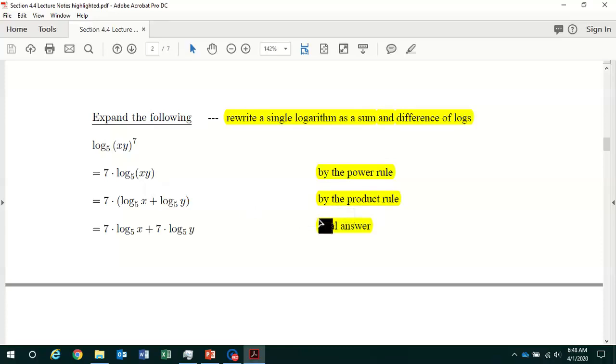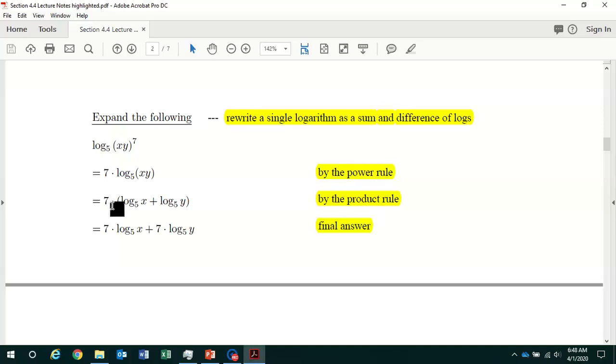And so by the product rule, we can rewrite log of xy as the log of x plus the log of y. Then we have to put that quantity in parentheses, right? Log base 5 of x plus log base 5 of y, because that entire sum is being multiplied by 7.